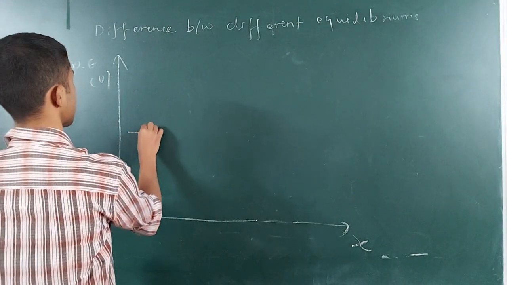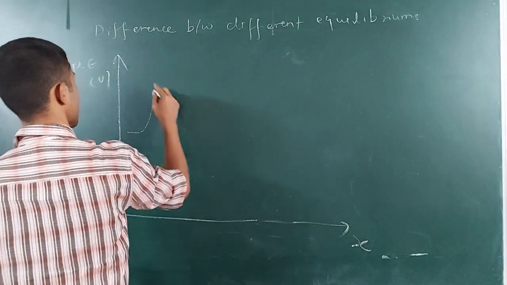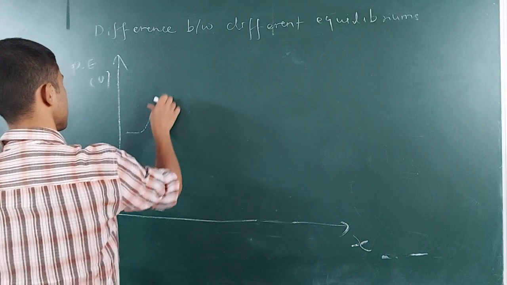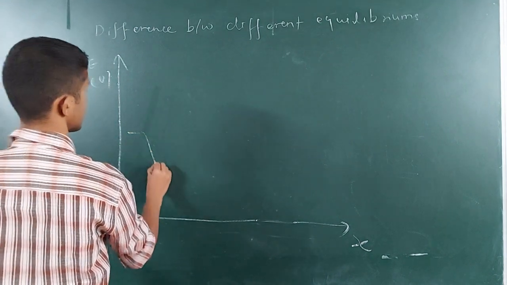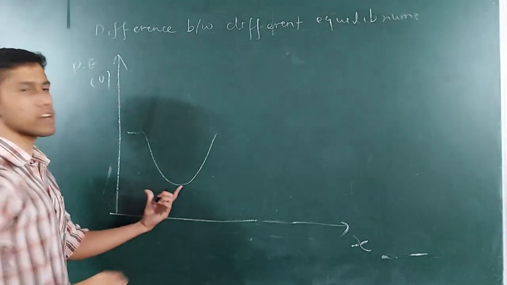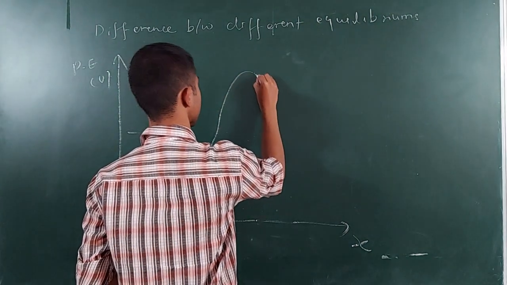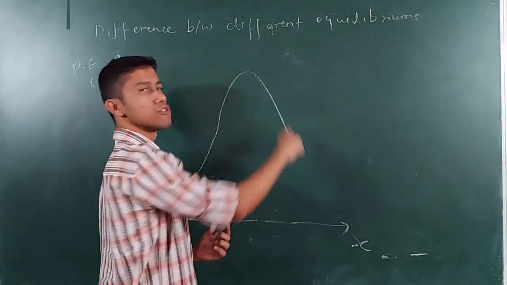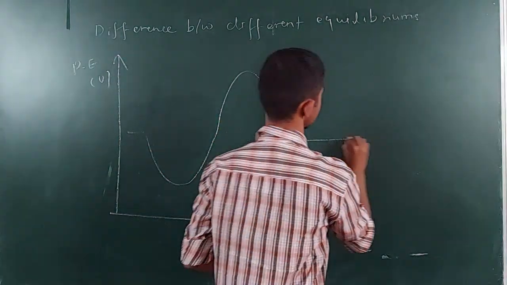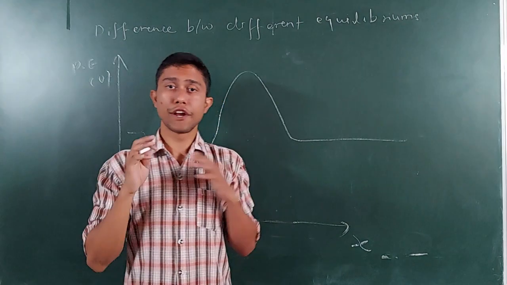First we draw the stable equilibrium. This is the U shape. Whenever you get a U shape, this is a stable equilibrium. Next, the unstable equilibrium is an inverted U shape. And next we draw a straight line. This represents the neutral equilibrium.